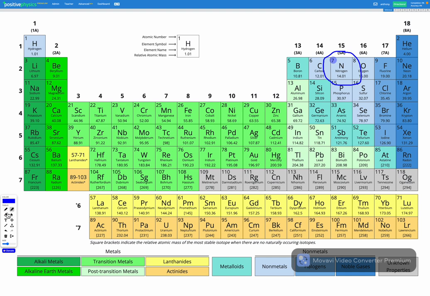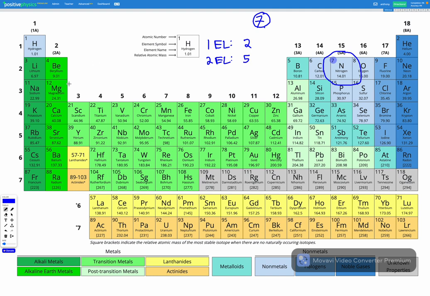So to figure out the valence electrons, we can just count up and say, well, if we have 7 total electrons, we know that the first energy level can fit 2. And so our second energy level can fit up to 8. We had 7 in total to start with, but 2 are already in the first energy level, so that's 5 left. So nitrogen would have 5 valence electrons.